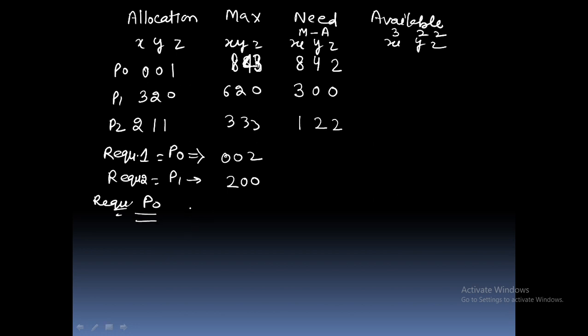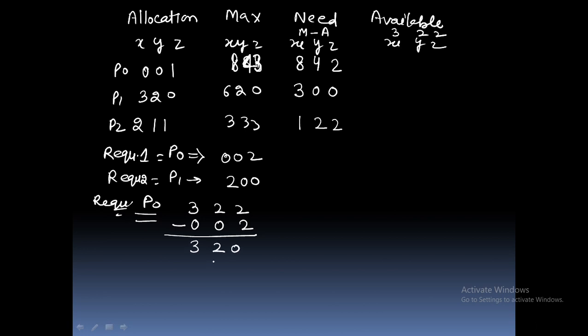Now you can see we have available 322 resources and the request is 002. In the first step you can see available is 322 and request 002.